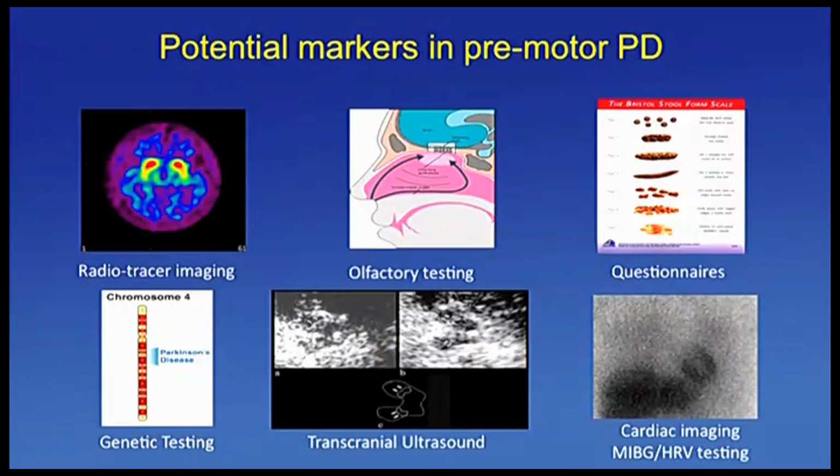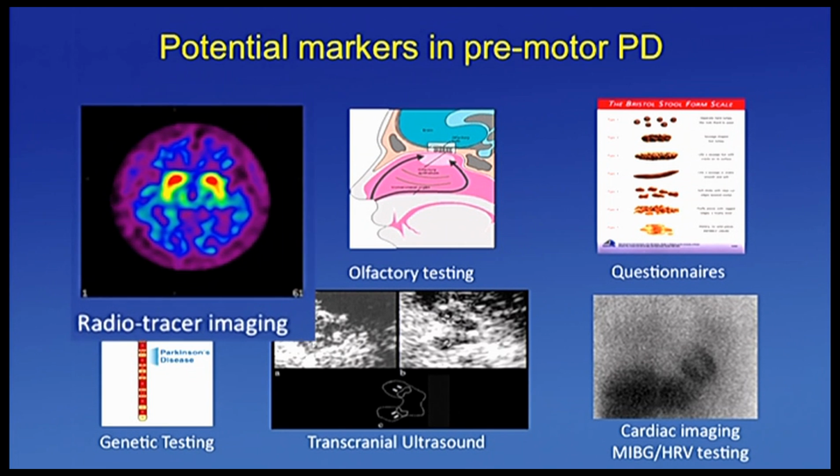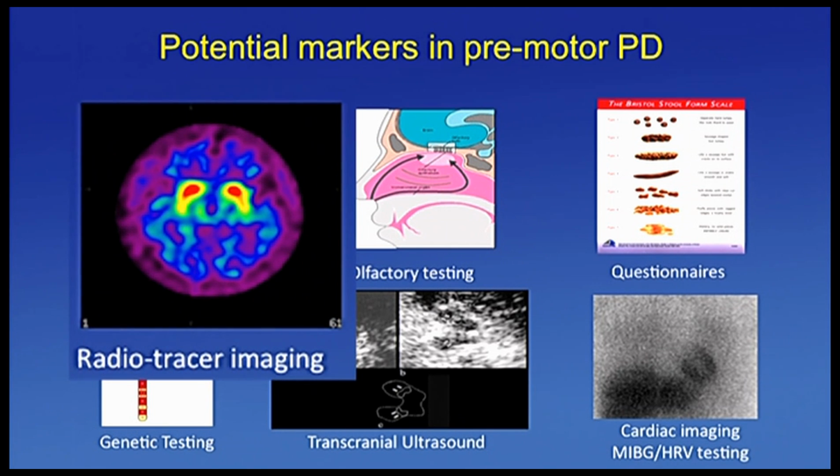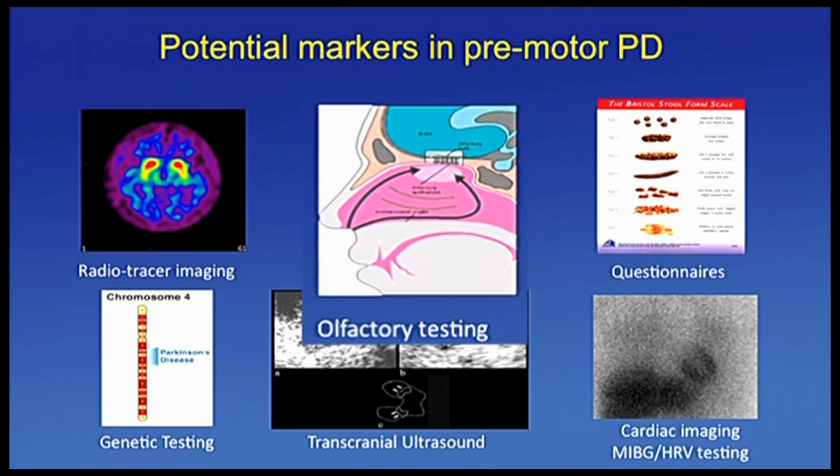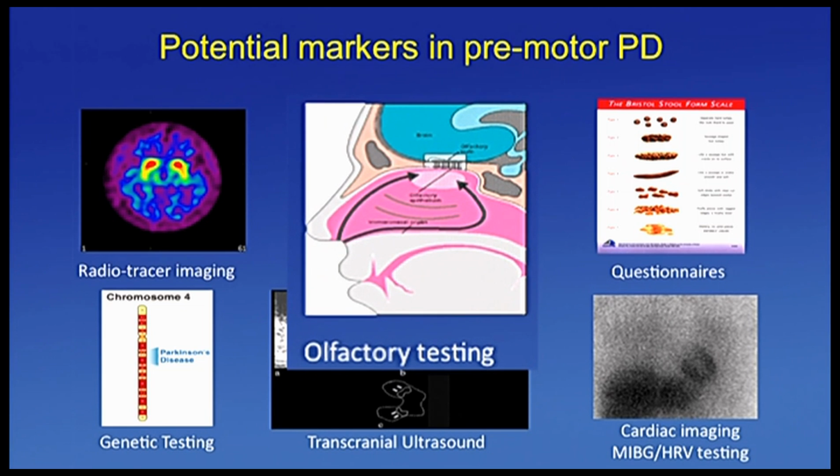So there are potential markers in the patient with Parkinson's, especially premotor, and this slide shows some of them. The radiotracer imaging of the DAT scanner, that is a picture of an isotope that is taken up in the putamen. And the more isotope that is taken up, there is more function that appears to be normal. We also have tests that are olfactory testing, and it's known that in Parkinson patients that you have about 80 to 90% of the patients have lost their olfactory sensation.